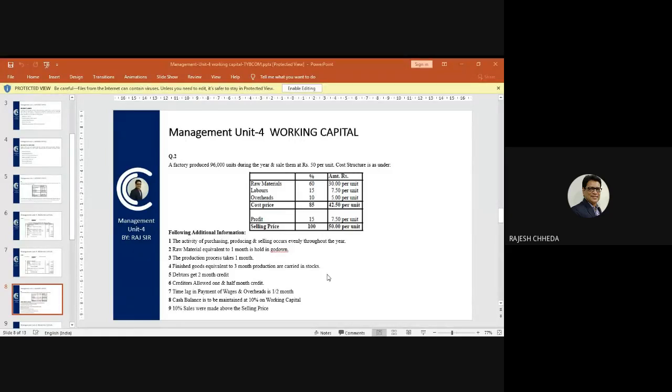Like in the first question, what we have done, 15% contingencies. So here it is cash balance to be maintained 10% of working capital. Now one more important information is 10% sales were made above the selling price.